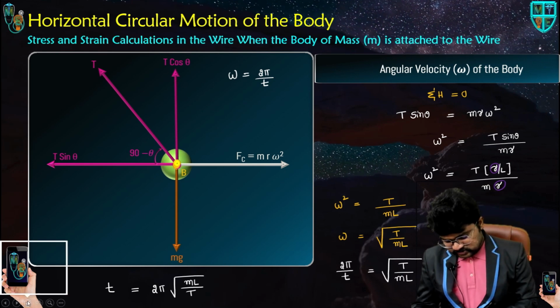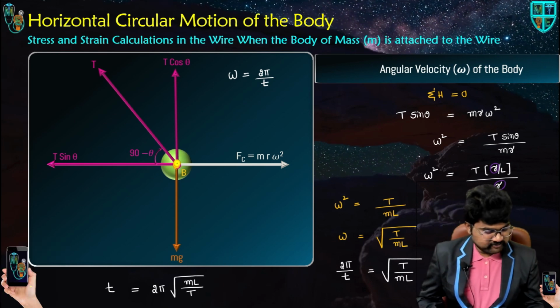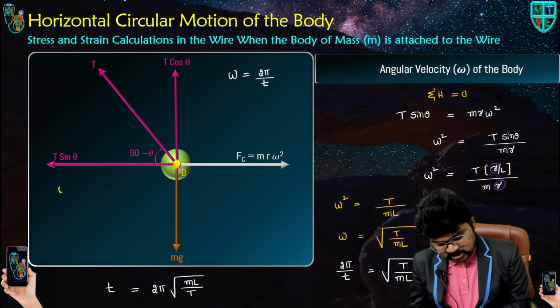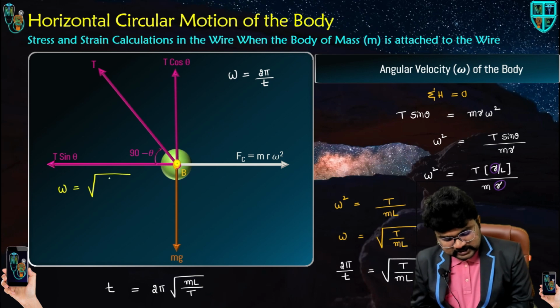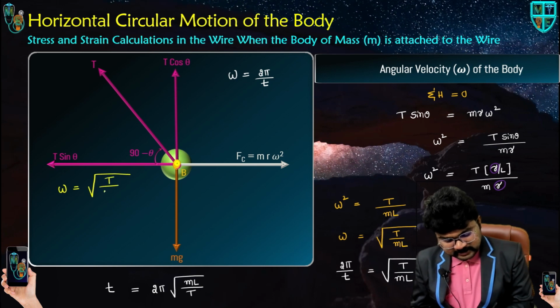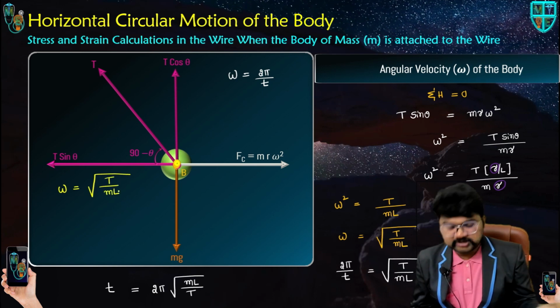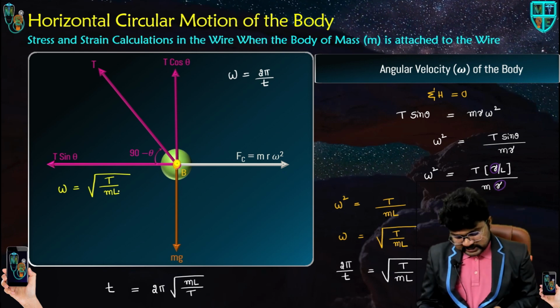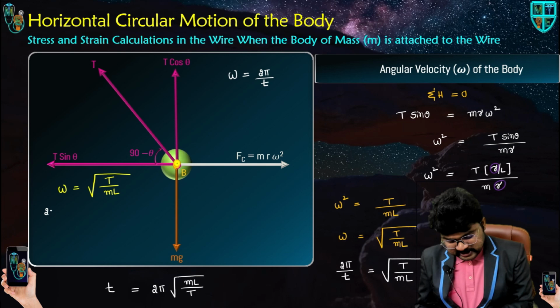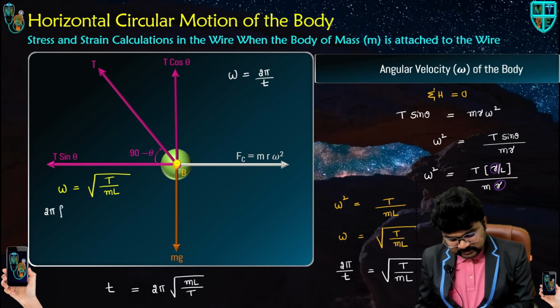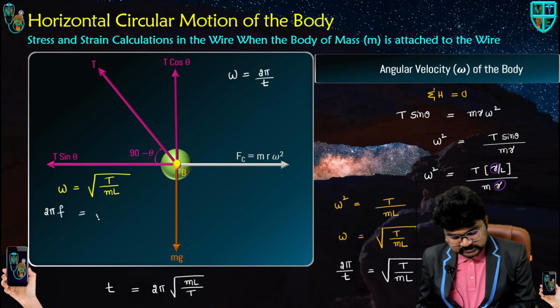So here you can take 2 pi f also. Here omega you got square root of T by m L, the angular velocity of the body. You can write it as 2 pi f, where f is the frequency.